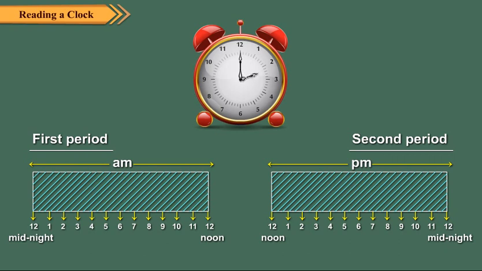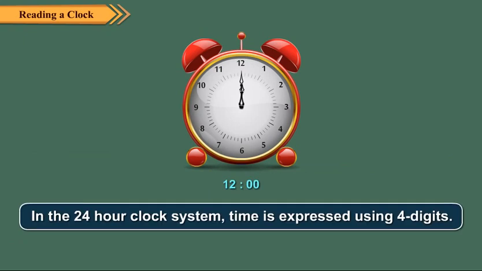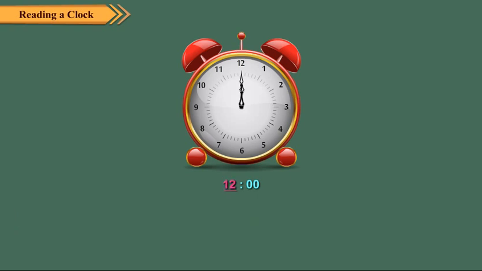The 12-hour clock system can create confusion if we do not write AM or PM with the morning or evening time. So we use a 24-hour clock system. In the 24-hour clock system, time is expressed using 4 digits.